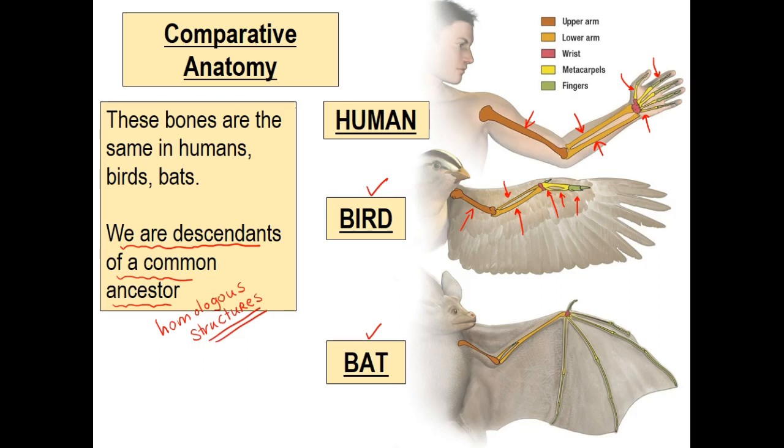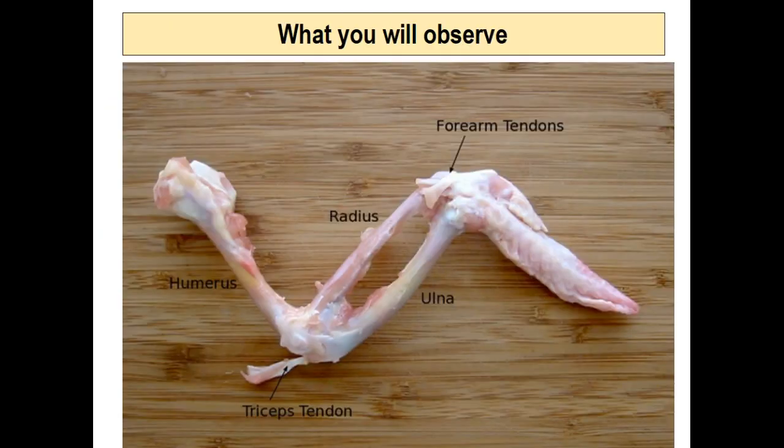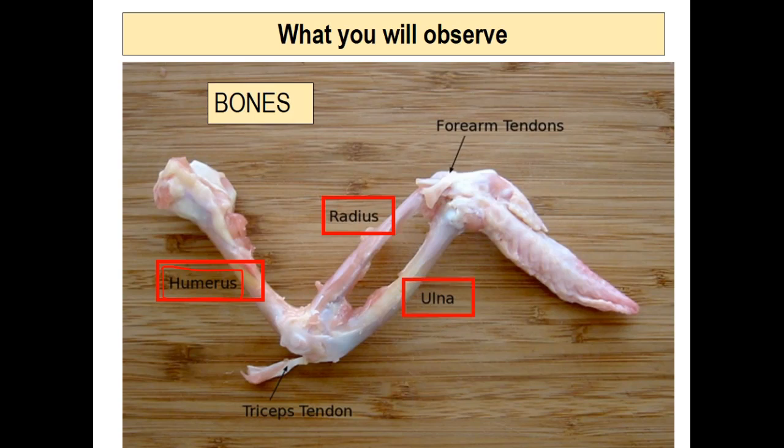Okay, so when we do our chicken wing dissection, you're going to observe those same bones. So this is a chicken wing that has carefully had its muscle removed from it. And so you can see the humerus, okay, and you can see the radius, and of course you can see the ulna.